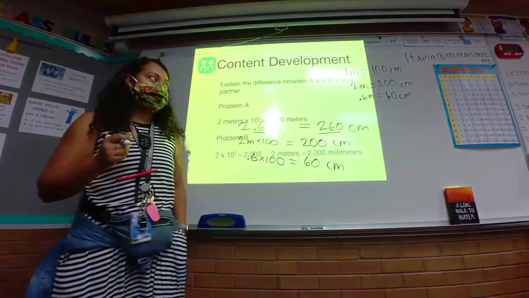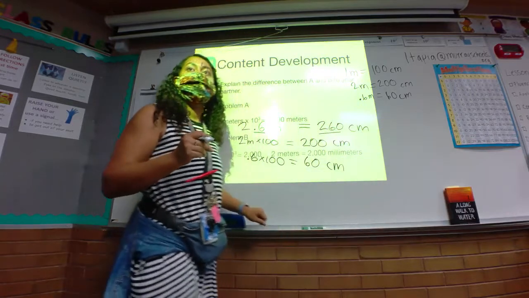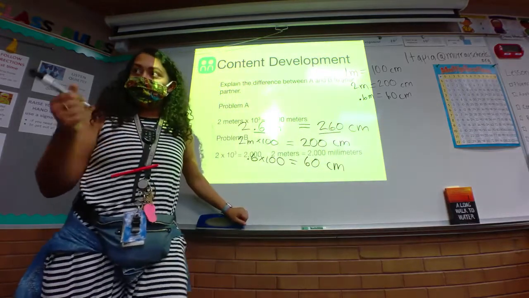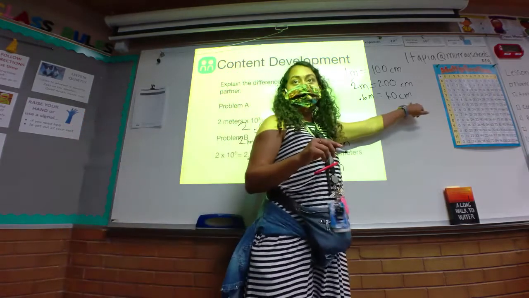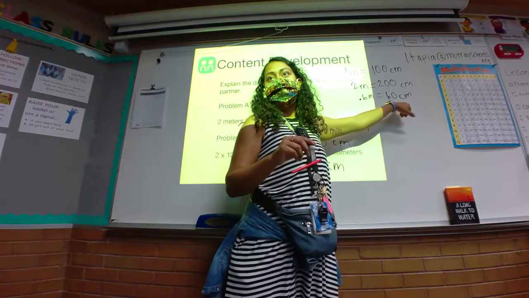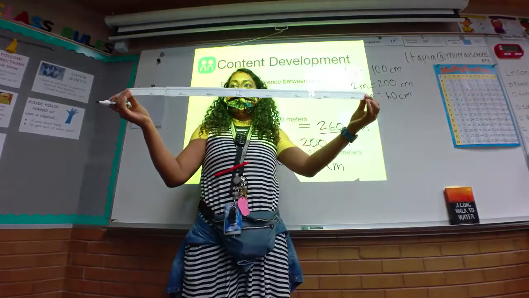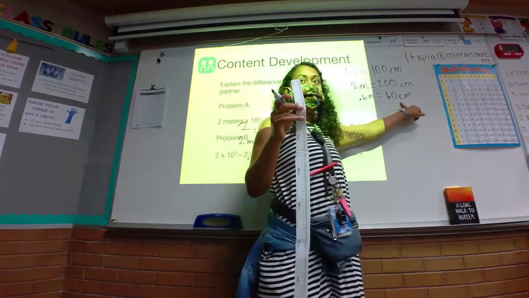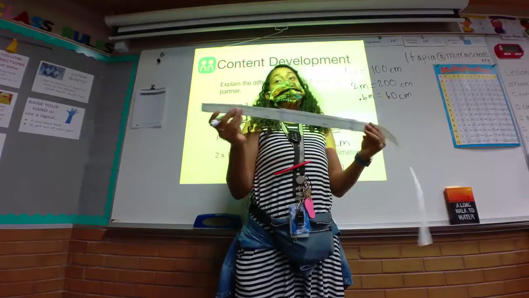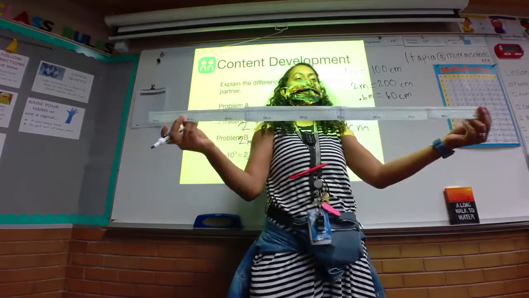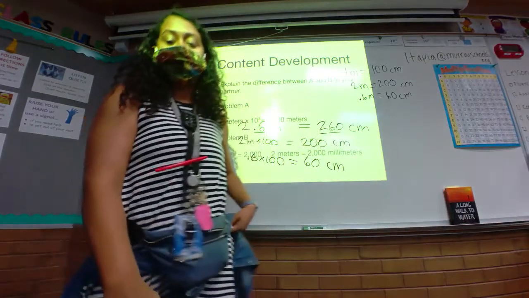And then Dylan, how did you guys get the 60 centimeters left over? Do you remember? Okay, ask Elian. How did we get the 60 centimeters? Using your meter strip. ¿Cómo averiguaste los 60 centímetros? Oh, it's obvious. All right. Any questions so far?